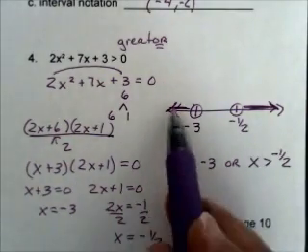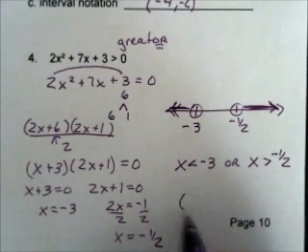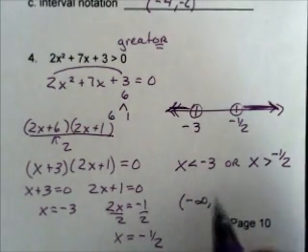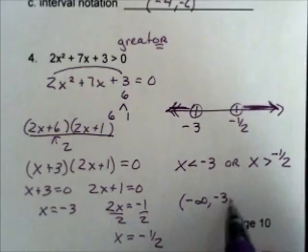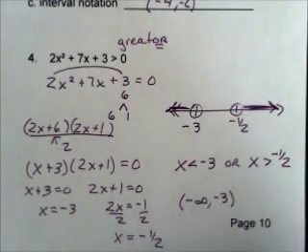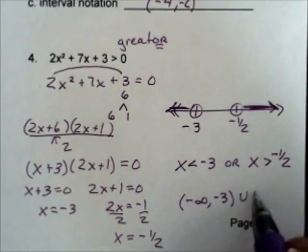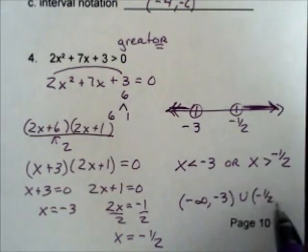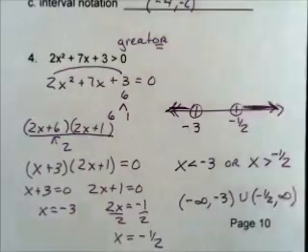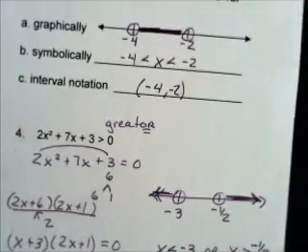So two intervals: open parenthesis, negative infinity to -3, union with, or you can write the word or, parenthesis -1/2 to infinity. And that concludes our Chapter 1 notes.